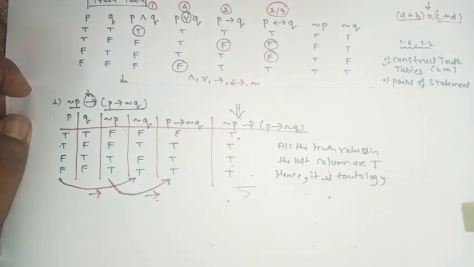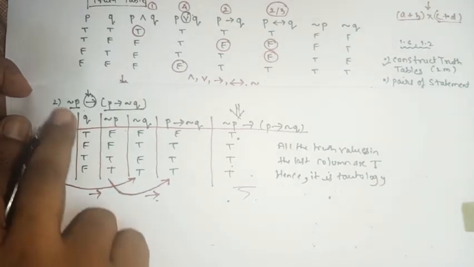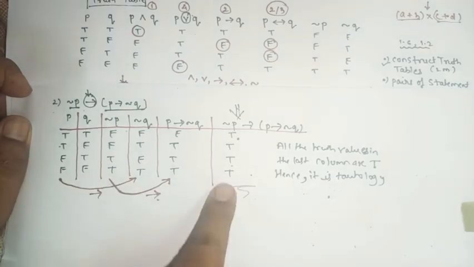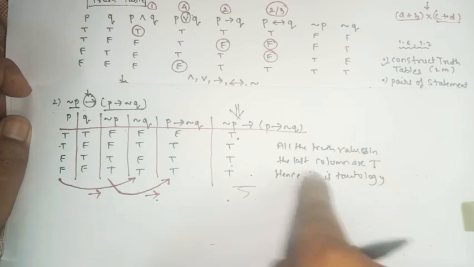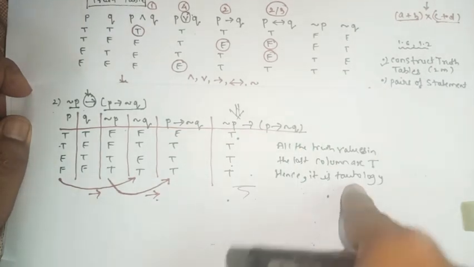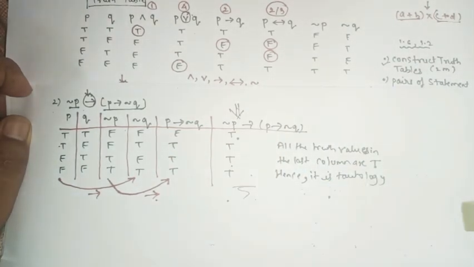Got the point? That's it. See the pattern, construct the table, see the last column. If all the values are true, it is tautology. If all the values are false, it is contradiction. If it is a mixture of true and false, then contingency.